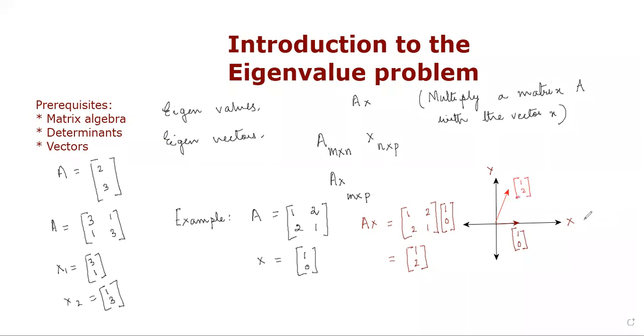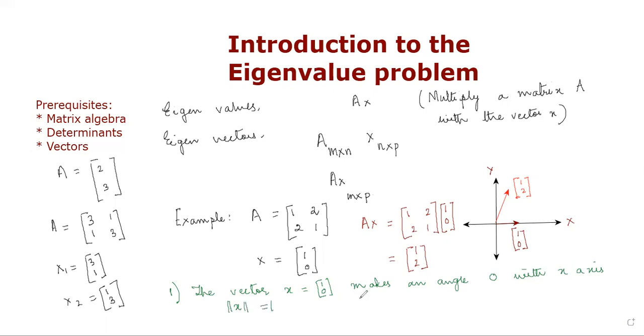There are some observations which we will write down. First observation: the vector x equal to 1, 0 makes an angle 0 with the x-axis, and it has a magnitude equal to 1.